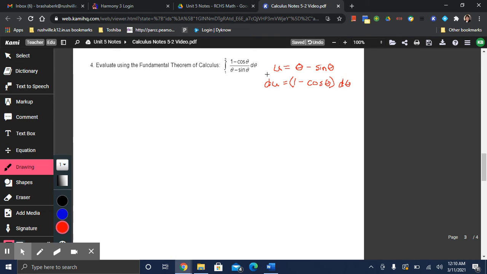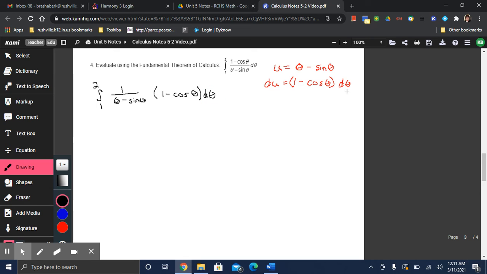As we look, that is exactly what we have. I'll do that rewrite. So we have the integral from 1 to 2 of 1 over theta minus the sine of theta, times 1 minus the cosine of theta, d theta.